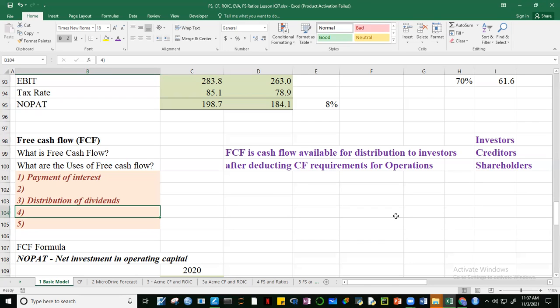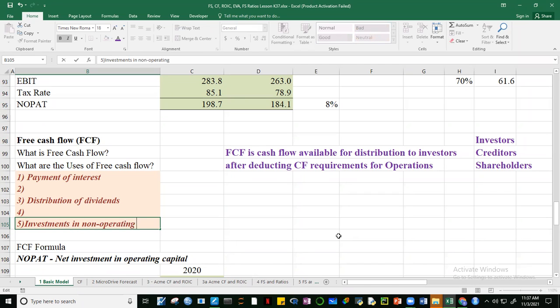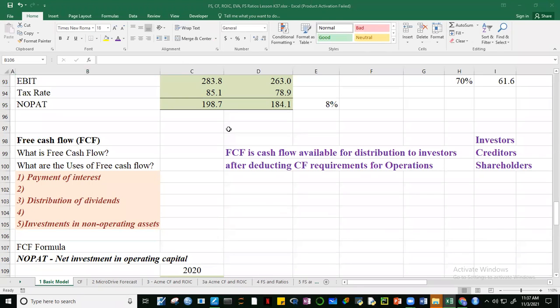Is it for operations? Short-term investments. Okay, sige. Pwede yun. Kasi kung for operations siya, it's not part of free cash flow because we already deducted it for operations. So let's call that investments in non-operating assets, okay? So the general description for that is investments in non-operating assets. Example niyan, short-term investments. It's correct.